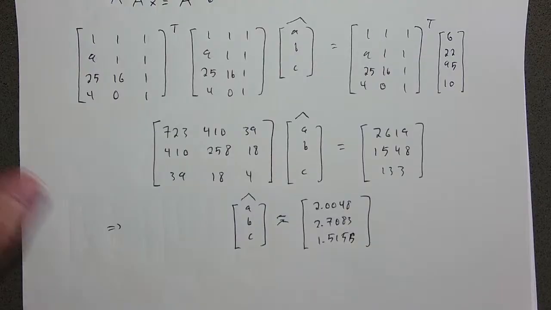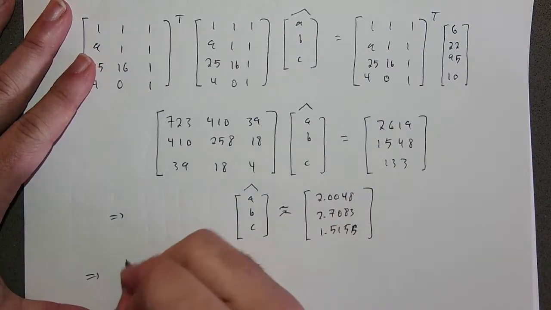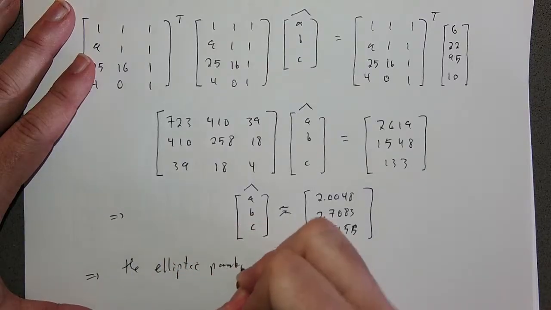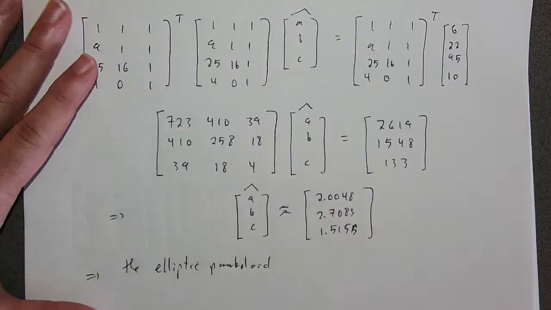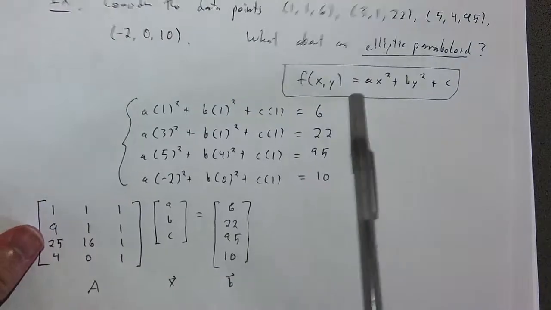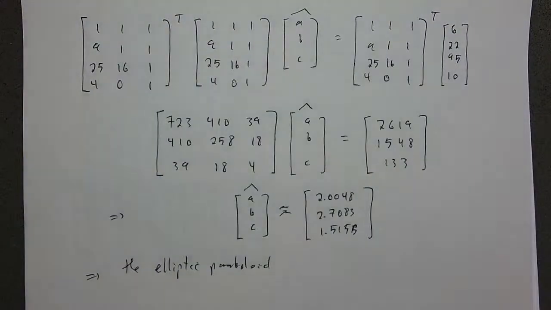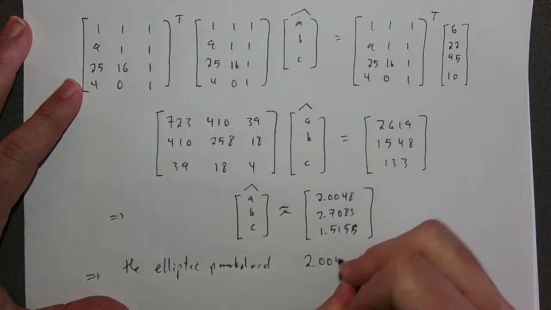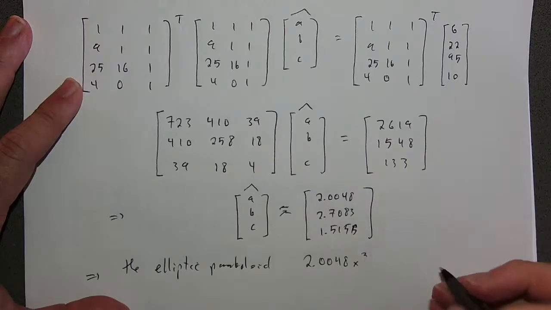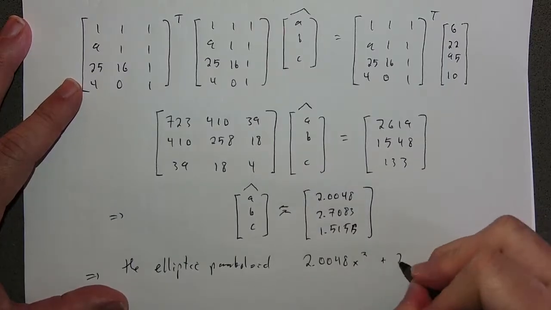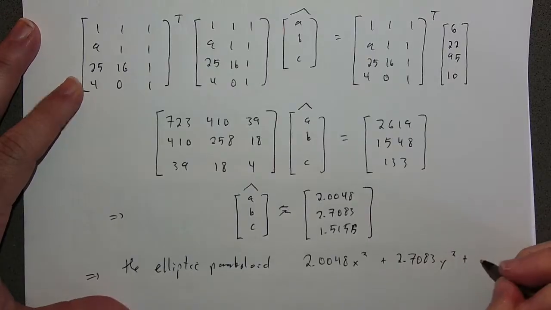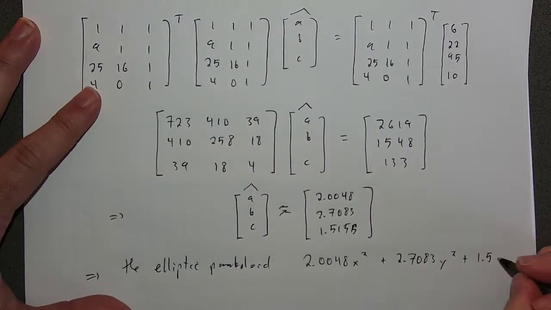And so what this means is that the elliptic paraboloid, which was my original, just bringing it back, this thing, right? What is the best fit? It is the elliptic paraboloid 2.0048x squared plus 2.7083y squared plus 1.5155 is my best fit.